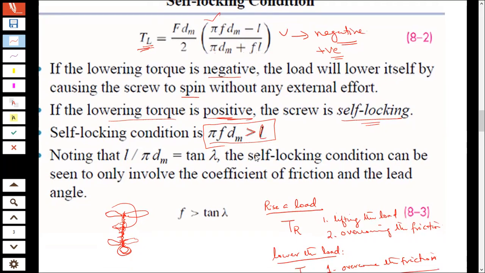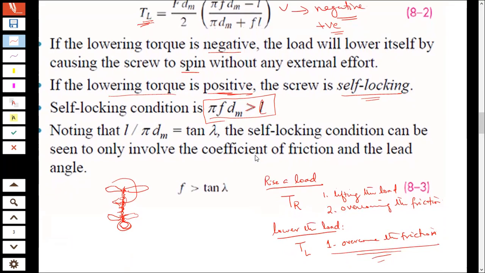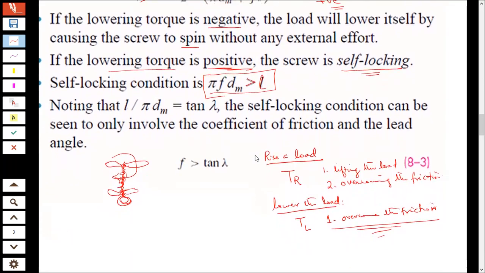So that is going to give you a self-locking condition, that pi f dm should be greater than L, right? You should have this condition.